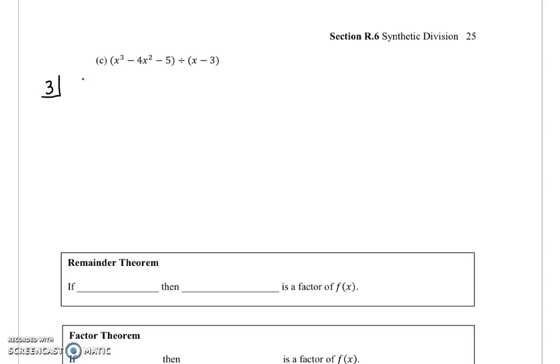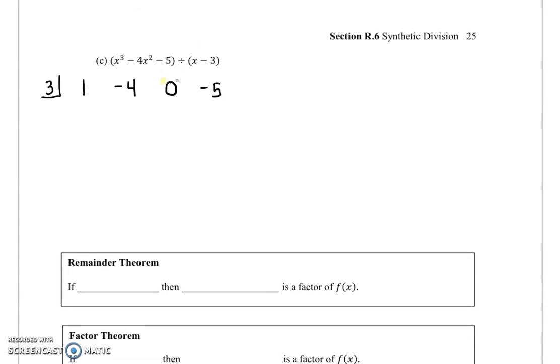And we write down the coefficients of our terms from the dividend. So we have 1 from the x cubed, negative 4 from the x squared. Now here's the important part. We're missing an x term completely. So we have to put a 0 coefficient for the x term, and then the minus 5.